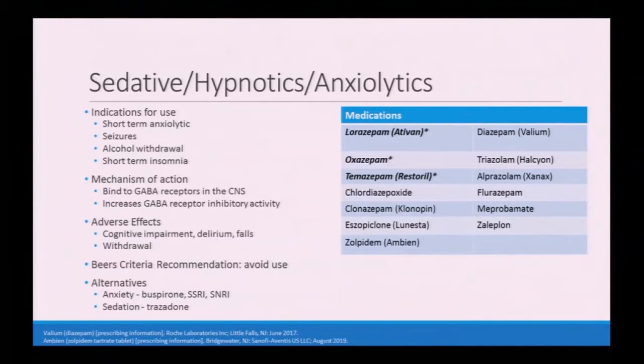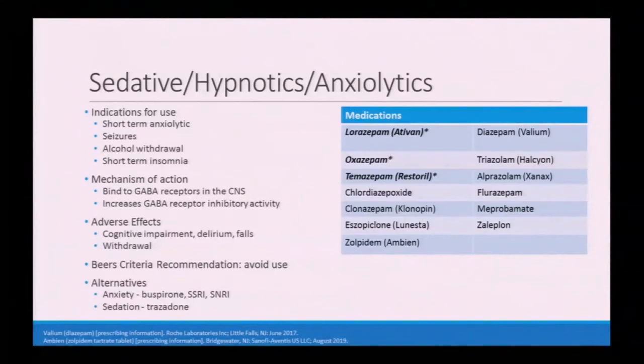I highlighted these medications in the top left of this chart because all benzodiazepines are metabolized by the liver. However, the benzodiazepines lorazepam, oxazepam, and temazepam don't have active metabolites, and so your other benzodiazepines that have active metabolites can last much longer in the system, especially in patients who have altered major organ function.